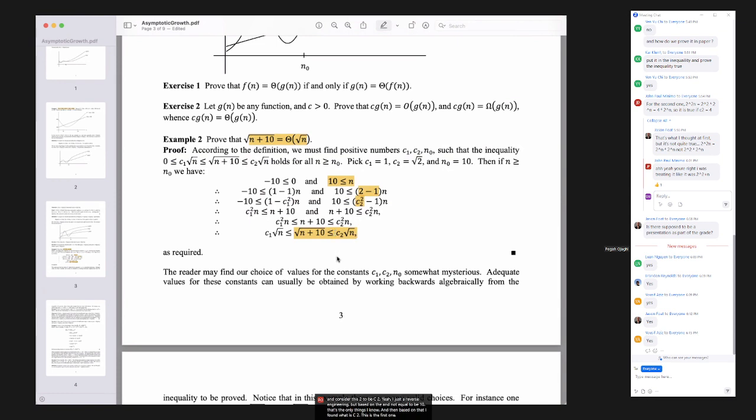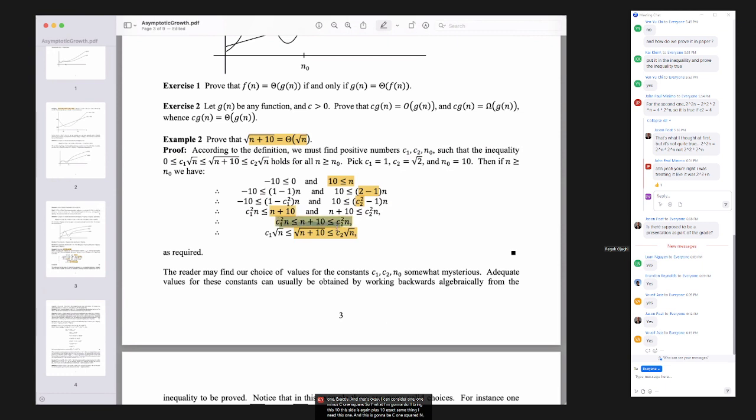I found the upper part, but I need to do the lower too. For the next part, I say, okay, I know minus 10 is less than 0. So this 0 is going to be 1 minus 1, exact same thing. And I can consider 1 minus C1 squared. Then I bring this 10 to this side, it's n plus 10, exact same thing. I need this one, and this is going to be C1 squared n.